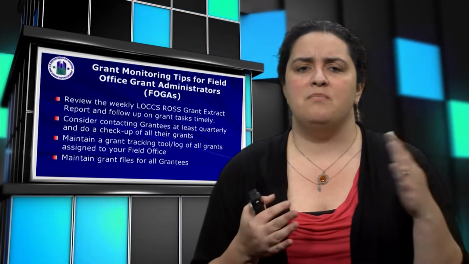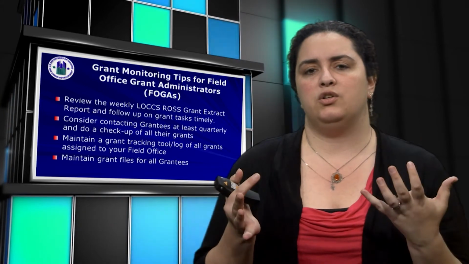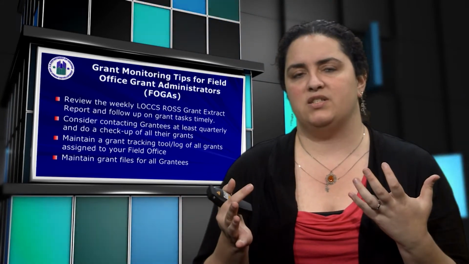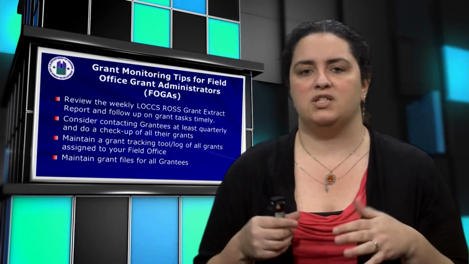But basically just kind of make it part of your daily work to be aware of where your ROSS and FSS grantees are in terms of their expenditures and in terms of their other deadlines.